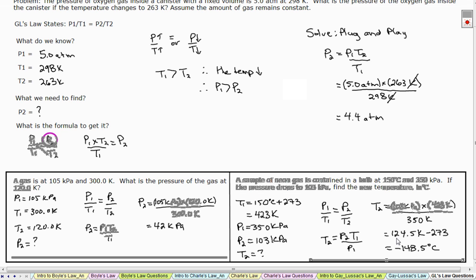So I determined first what my new temperature would be in Kelvin, and I subtracted 273 from it to get my temperature in degrees Celsius. So if you want to determine your temperature in Kelvin, you add 273. If you want to determine your temperature in degrees Celsius, you subtract 273. And this concludes the lesson on Gay-Lussac's law.